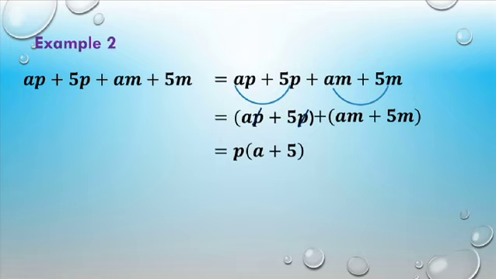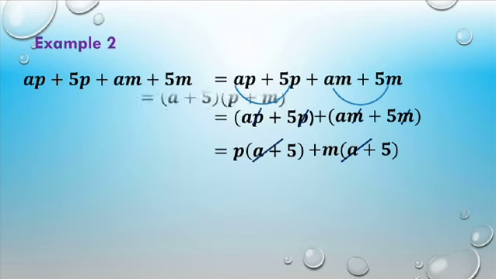The last two terms now, I can see that m is common. So I take m outside and I'm left with a plus 5. Now looking at this line, we can see that a plus 5 is common to both terms. So I take a plus 5 outside and I'm left with p plus m.